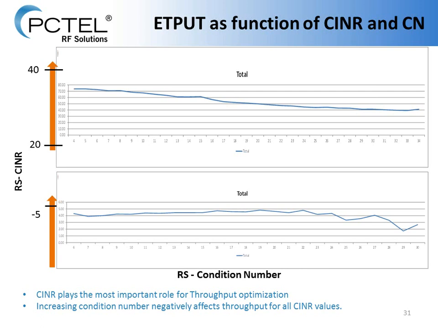One of the things about condition number, though, is it may be a difficult thing to adjust because you have to be able to change your antenna positioning slightly, and that can cause a lot of other effects in the area of the network. But hence, at least by taking these measurements, you can understand what's happening in your network, both from a CINR standpoint as well as a condition number standpoint.